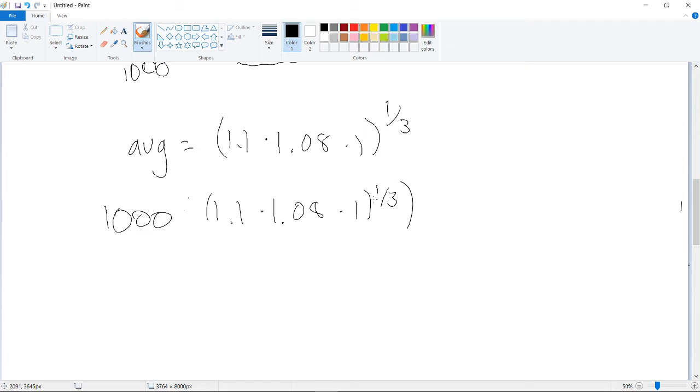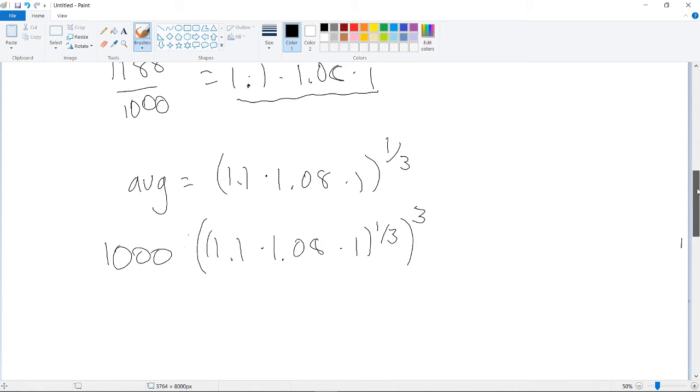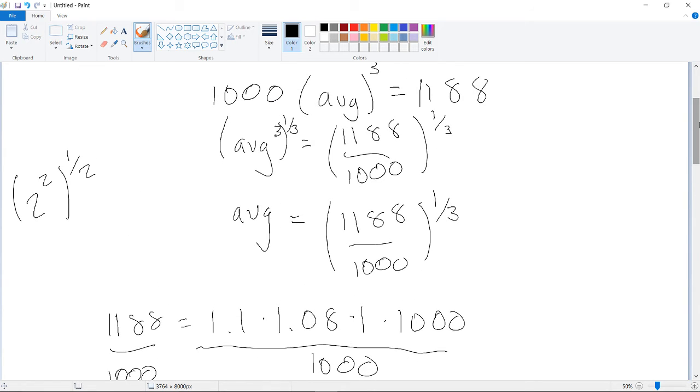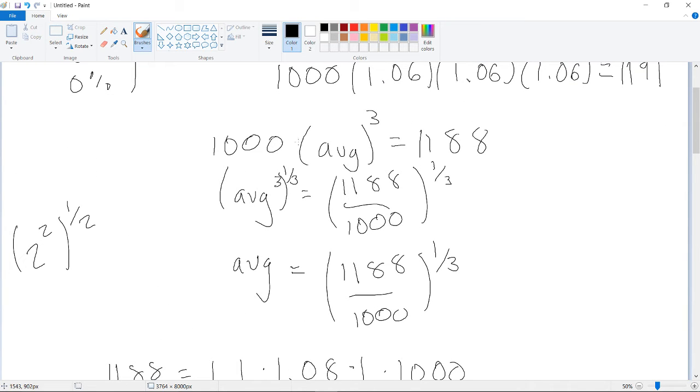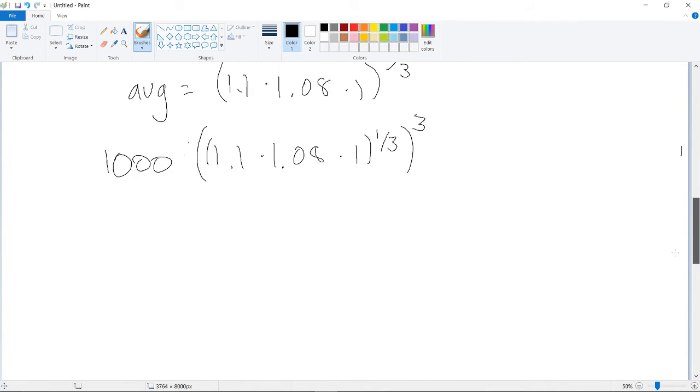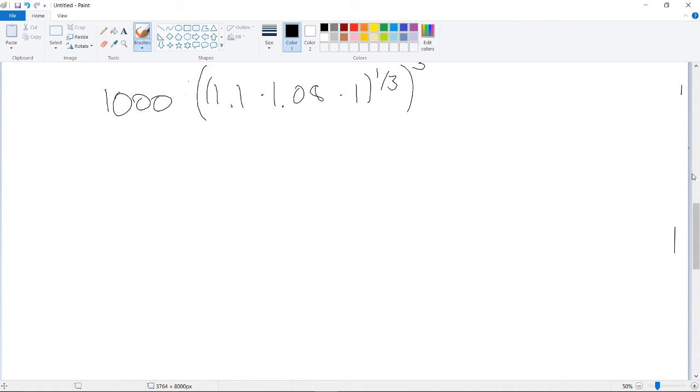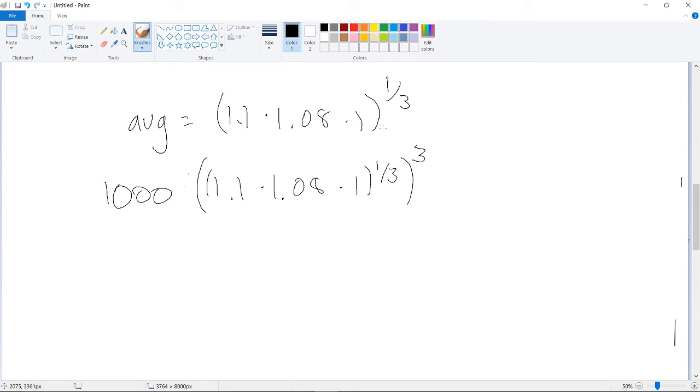That's our average. Now that to the 3rd, because that was our definition. We said 1,000 times the average to the 3rd should give us our final answer. That's what I did here, I just plugged it in. And this will give you 1188. You can put it in your calculator if you like. You get the right answer.